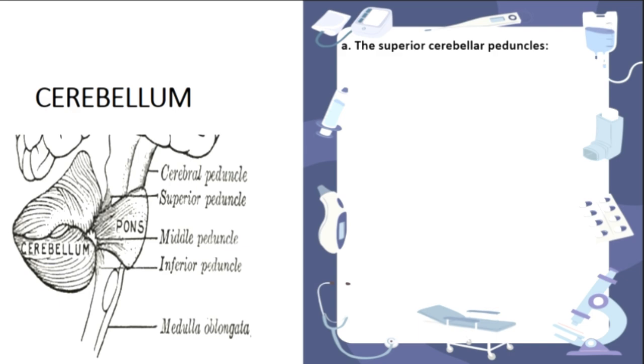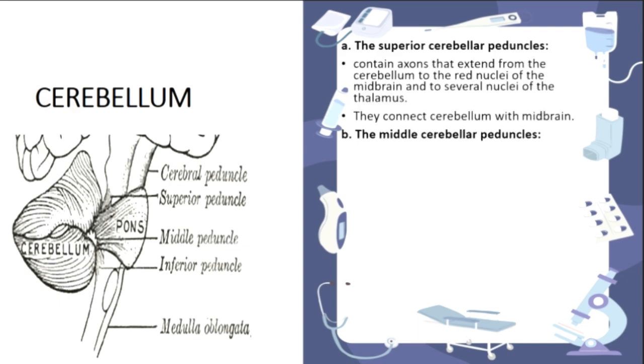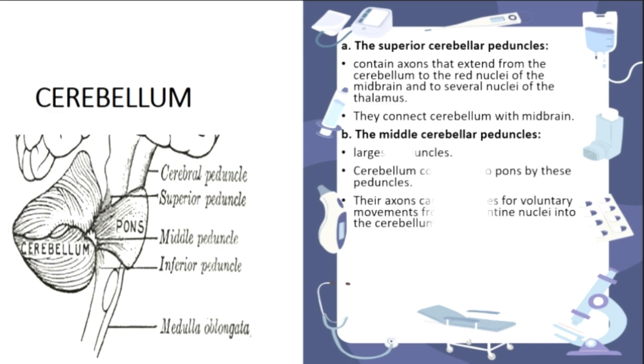The gray matter is superficial and the white matter is deeper. Even deeper within the white matter, we can see the cerebellar nuclei. These nuclei are responsible for transmitting impulses throughout the body, brain and spinal cord through the axons present in the cerebellar nuclei.